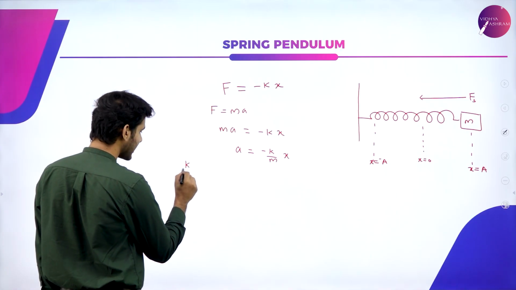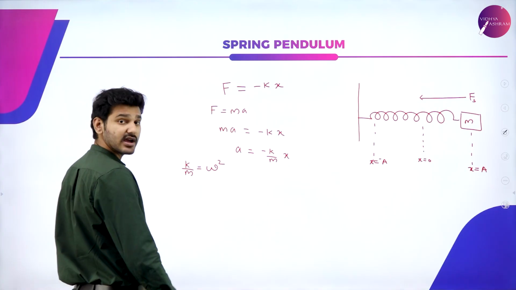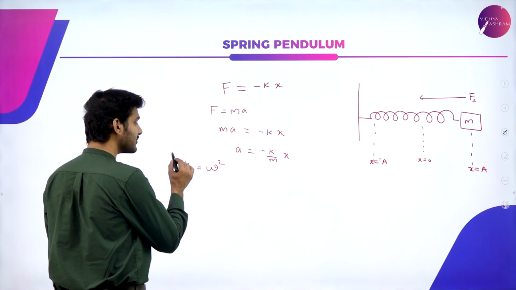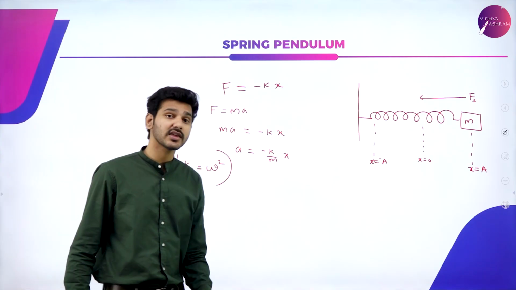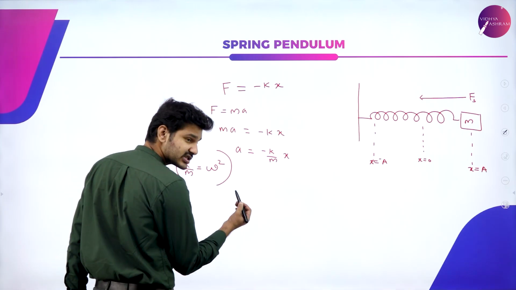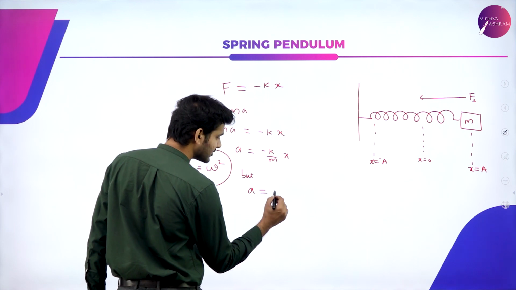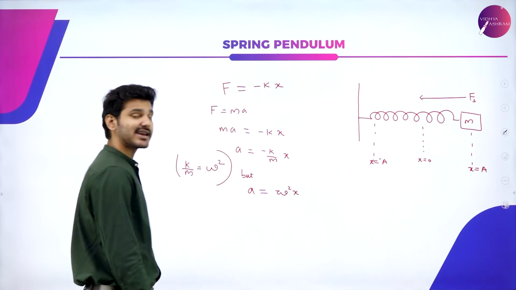So the equation for acceleration a is equal to negative omega square x.